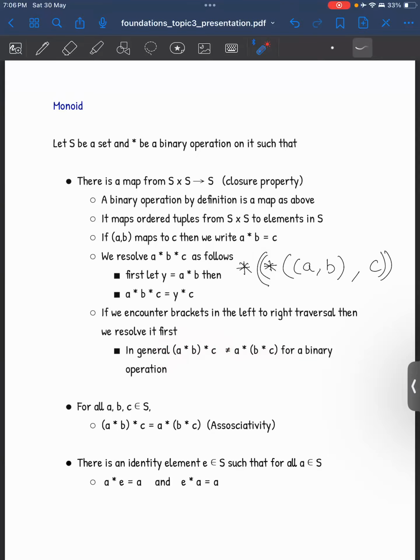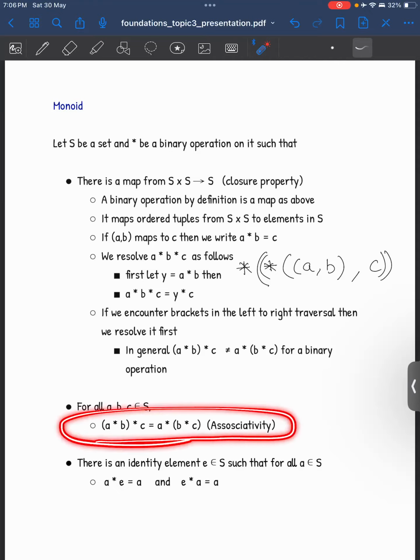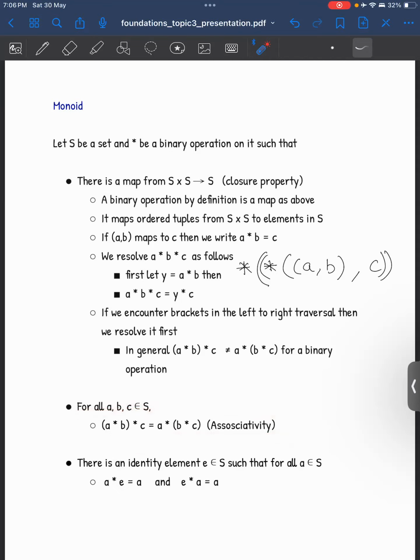But in natural numbers, we had this property that we could resolve A plus B plus C from either direction. If a binary operation has this property, then we say it is associative. In particular, it is associativity that ensures we can resolve expressions from any direction. Most interesting objects that we encounter as engineers would have operations that are associative.